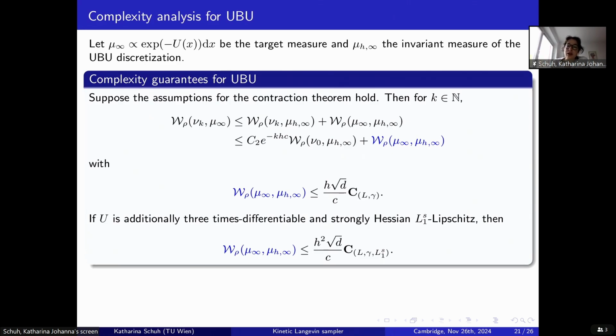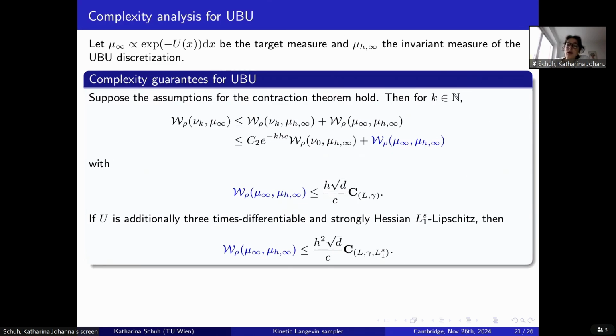Here for the UBU scheme, we have an additional constant C2, which comes from the contraction result there. And for the strong accuracy result, if we do it in a naive way under the previous assumption, then we can bound this distance between the invariant measure of the UBU scheme and the target measure by h times square root of d times some constant.